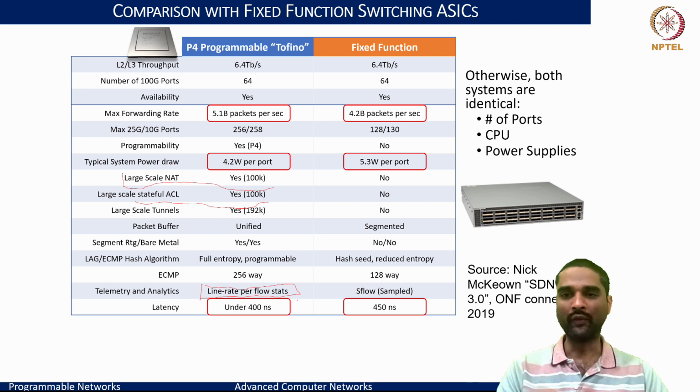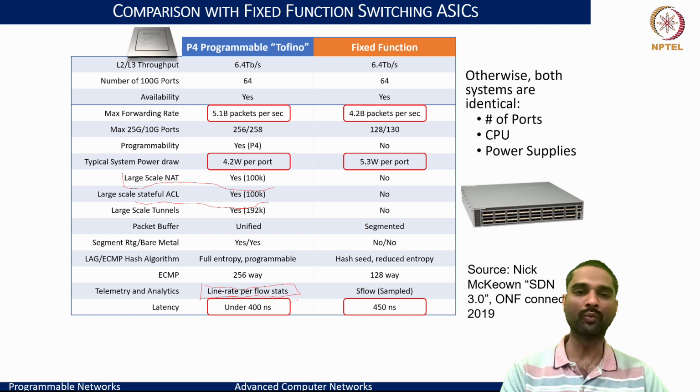And in every other aspect, if you consider the number of ports that you could support, 25 gig, 10 gig ports, the CPUs that you would use, or the power supply that you would plug in, all of these aspects remain the same.